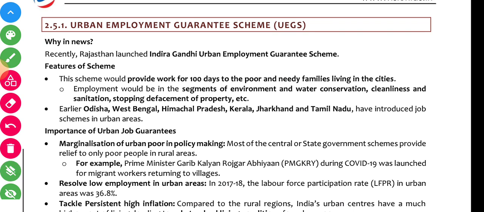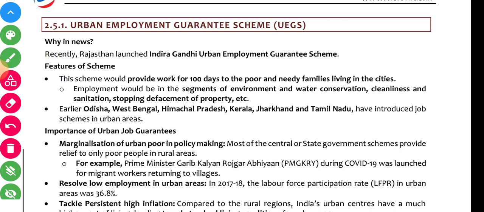Next is urban employment generation scheme. Rajasthan launched Indira Gandhi Urban Employment Guarantee Scheme. You do not need to remember all the features of this scheme.